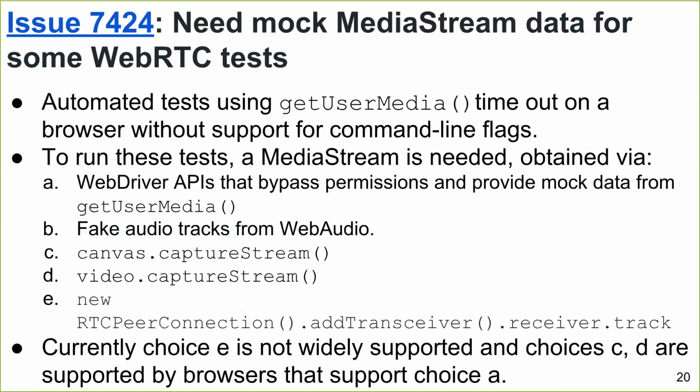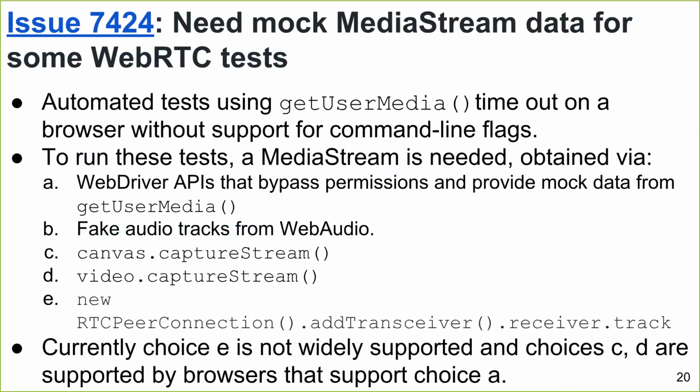Currently, I don't believe that choice E is widely supported because addTransceiver isn't widely supported. And the issue is that those browsers that support Canvas or video capture stream also typically support the WebDriver API, so there's no incremental benefit from that.